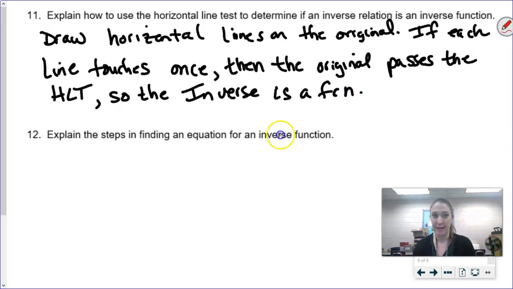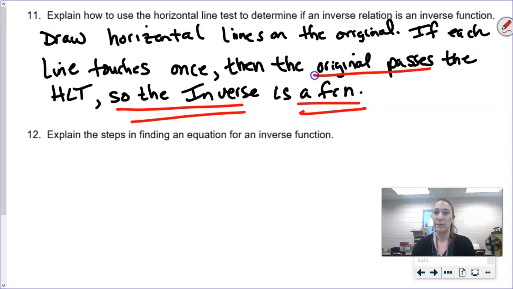I can hardly read that. All right, this is the key. So the original passes the horizontal line test. That means the inverse is a function.